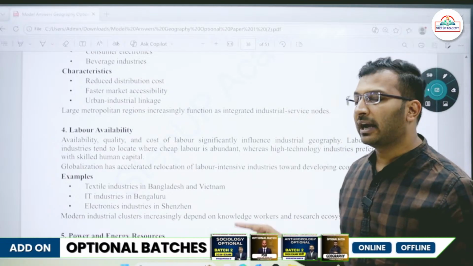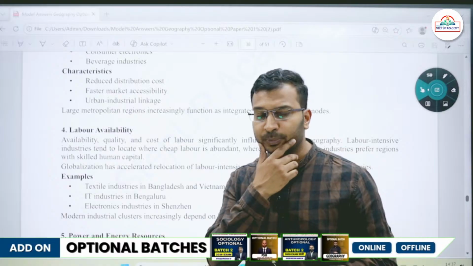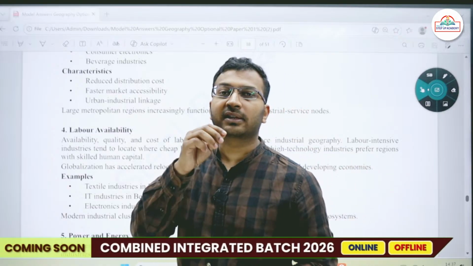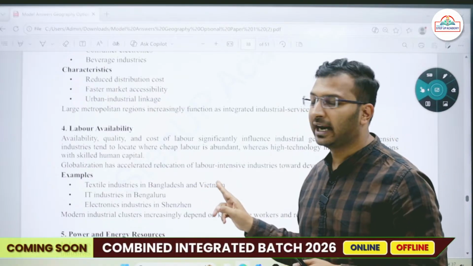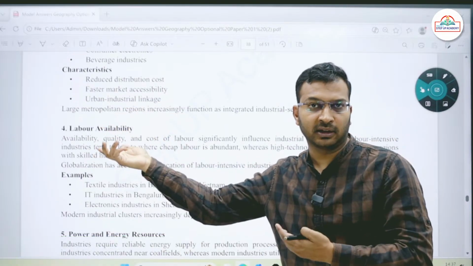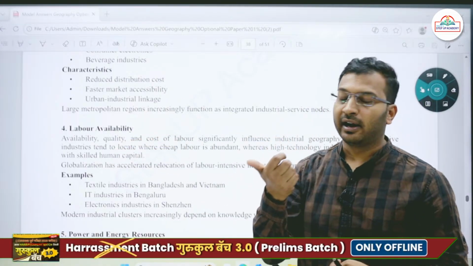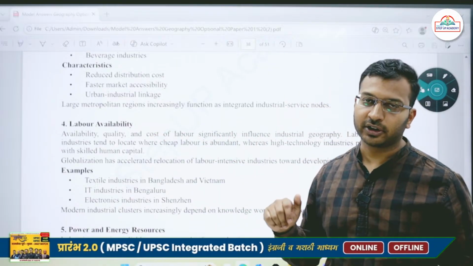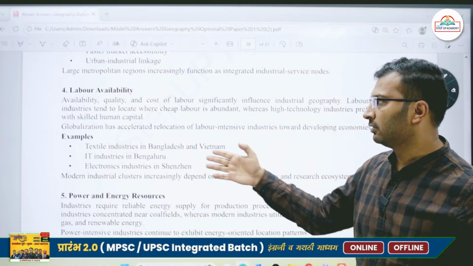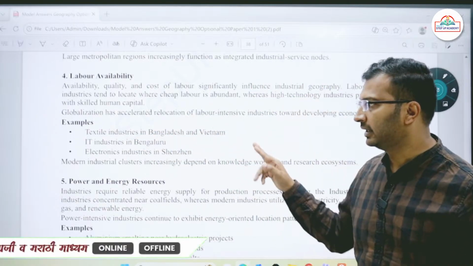For example, we have a lot of textile industries in the UP region, where people are skilled in hand weaving. No doubt they might be lacking in school-level education, but they are skilled in hand weaving, so such textile industry will be located over there. So, depending upon that, some industries and regions have developed in Bangladesh, Vietnam, and IT in Bengaluru.